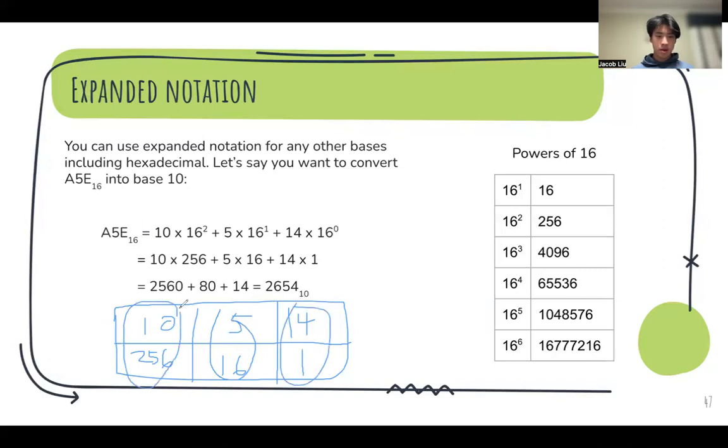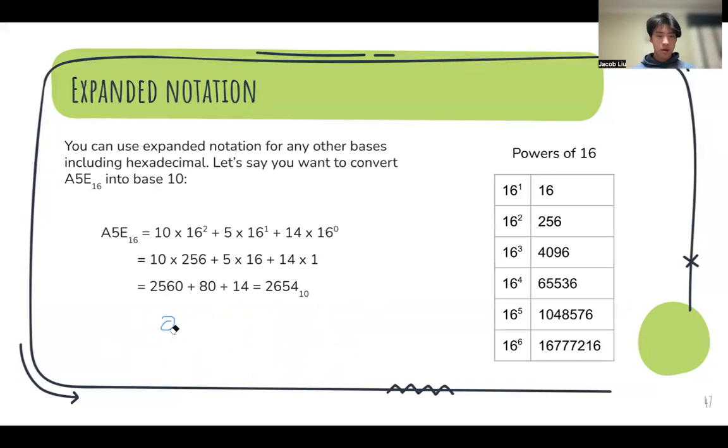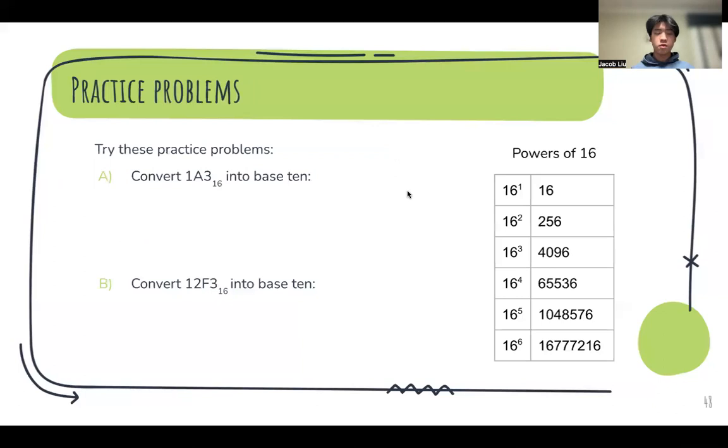So you multiply the columns. And then you add them together, which is the same as here. It matches up. Okay. So now I'll have you try some problems. Pause the video and work on it. And I'll show the answers now.